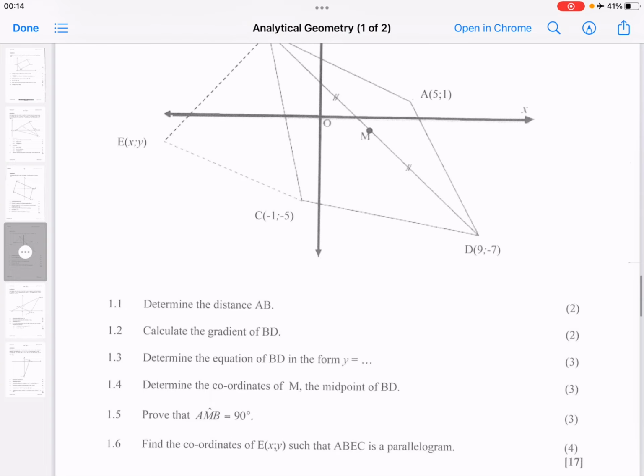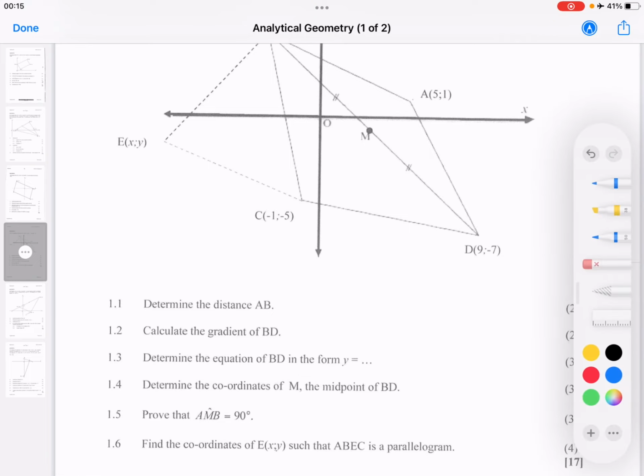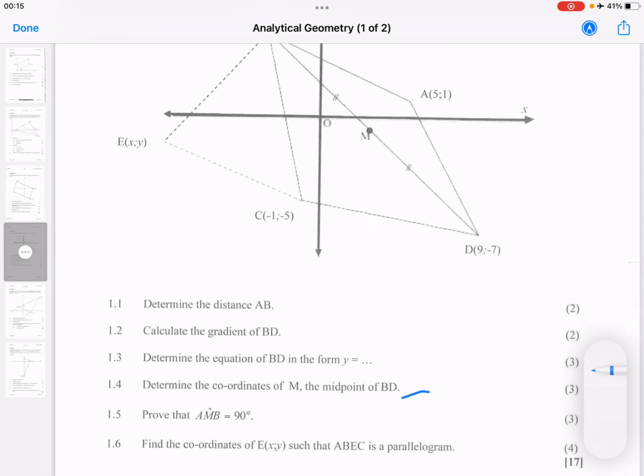Question, which says, find the coordinates of E. Where is E? There is E. Find the coordinates of E such that A, B, E, C is a parallelogram. 4 marks.